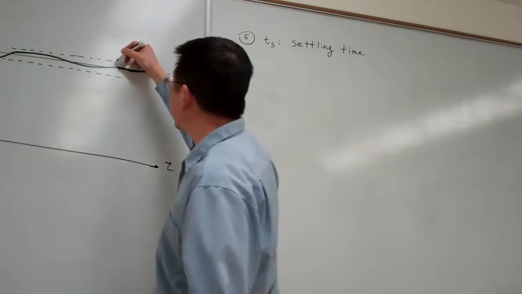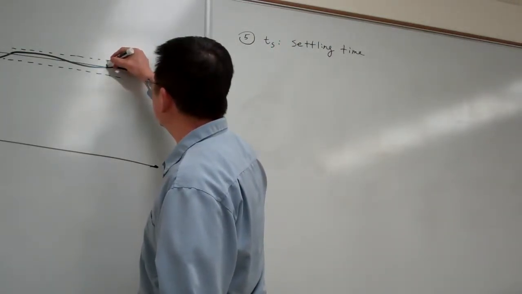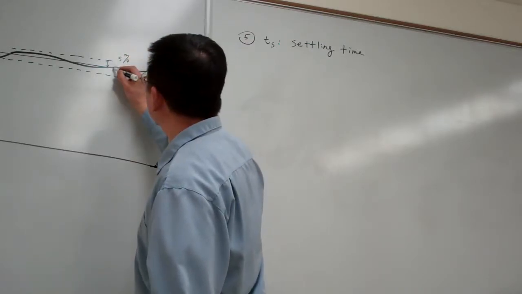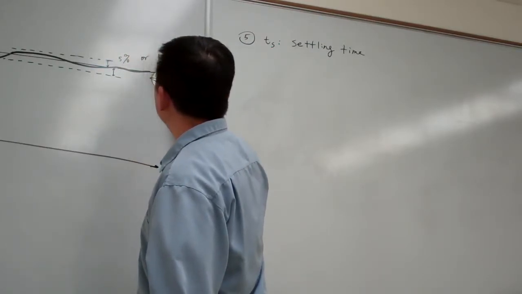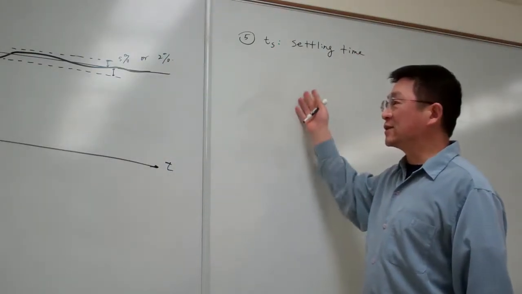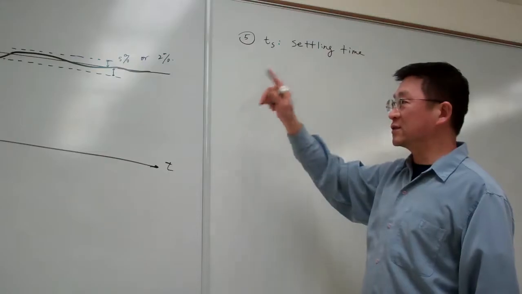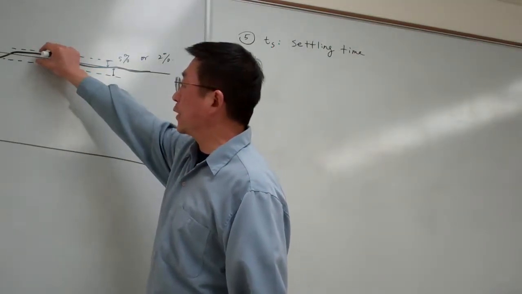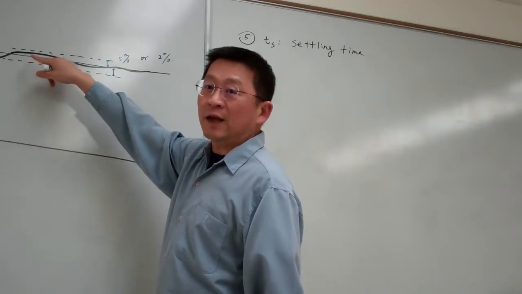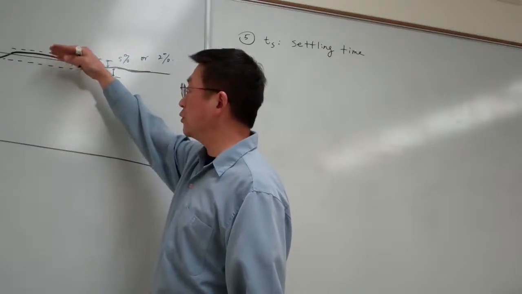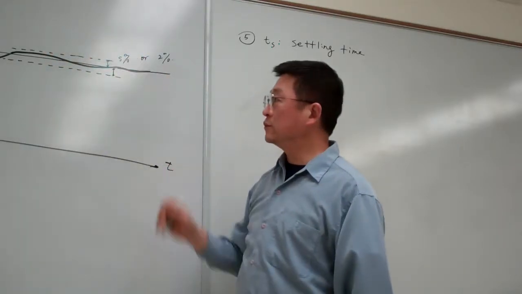This range can be 5% or 2% from 1. Basically the settling time is the first time the system response enters the defined range away from 1, and from then on the response always stays within it.